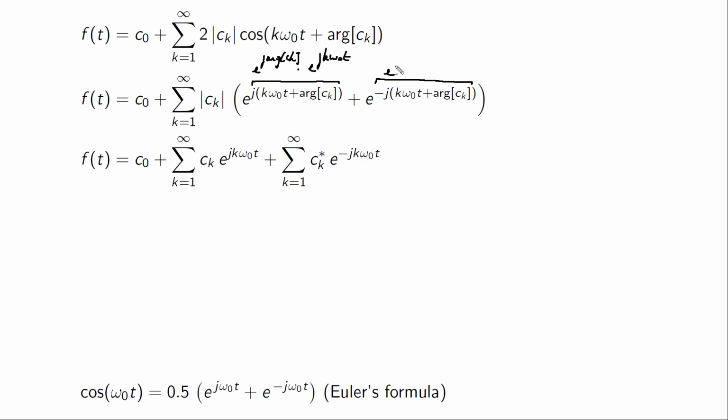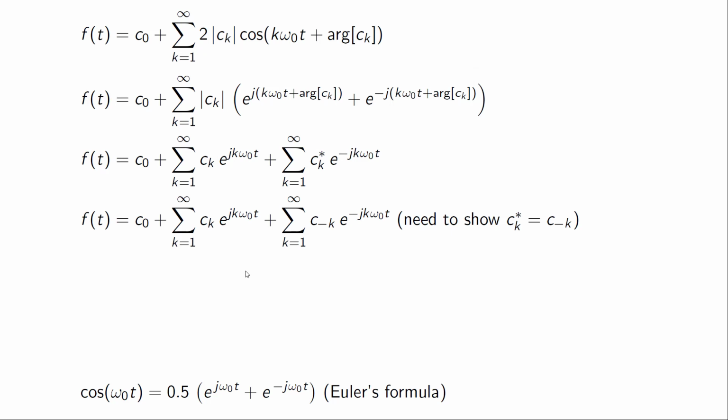So exponential of minus j argument of ck times the exponential of minus jk omega 0 t. If you take this one times this one, this is really ck, right? And this one times this one, this is ck conjugate. And this one, you find it over here, and this one, you'll find it over here.